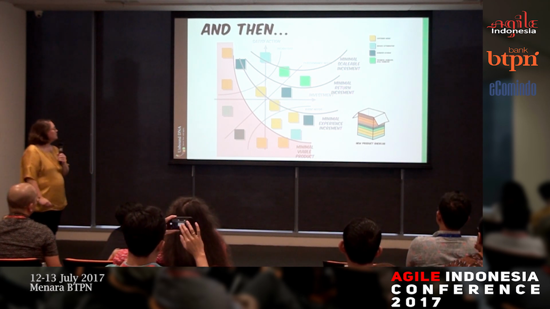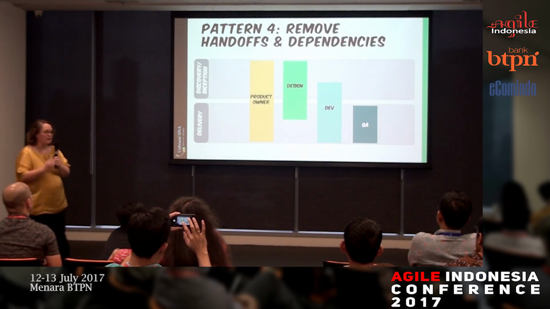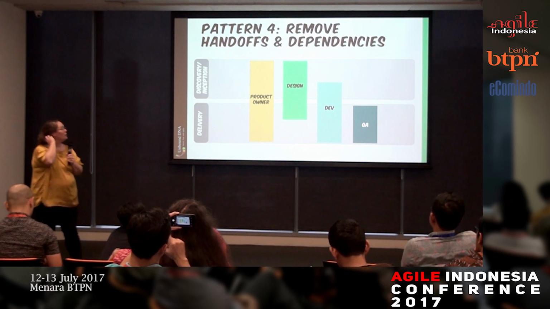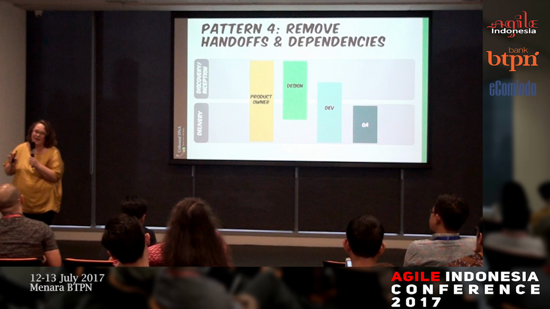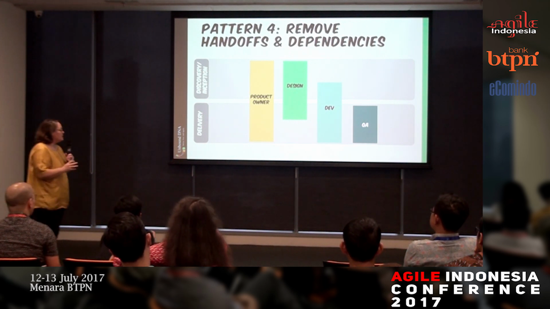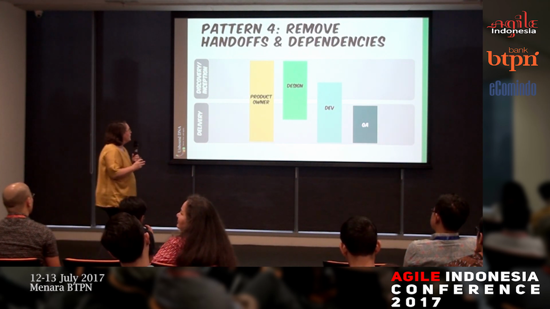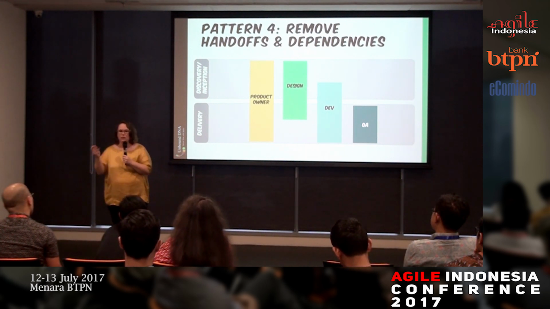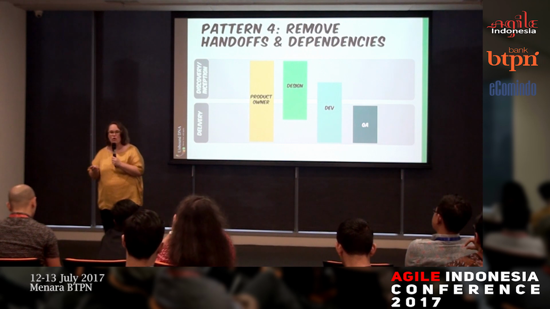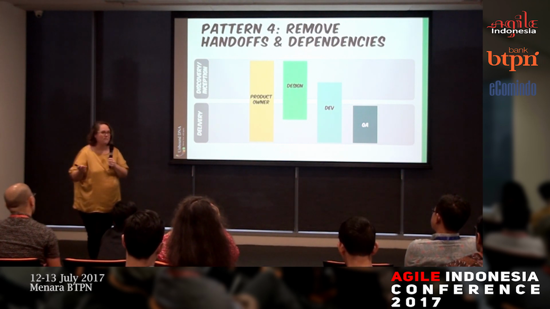All right, so pattern 4. Remove handoffs and dependencies. This is probably the pattern that I'm the most passionate about. I'm severely passionate about. So commonly inside of teams, what you've got is this idea that you've got a group of people who are working a sprint or multiple in advance of the team.